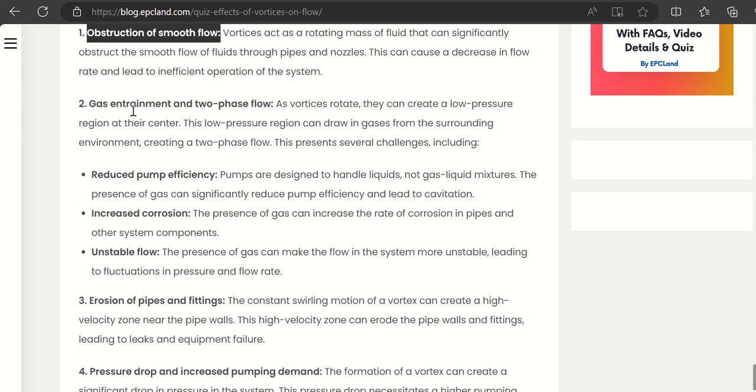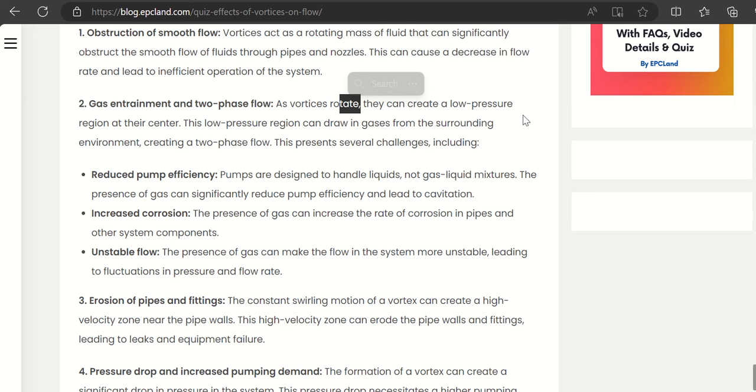Second is entrapment, air entrapment or gas entrapment. It can cause two-phase flow. Whenever there are vortices, when it rotates, there will be a low pressure. Once there is a low pressure, then there can be entrapment of air or any gases.